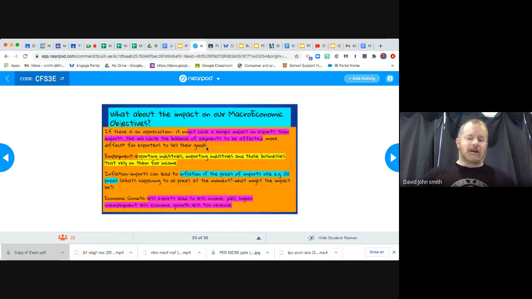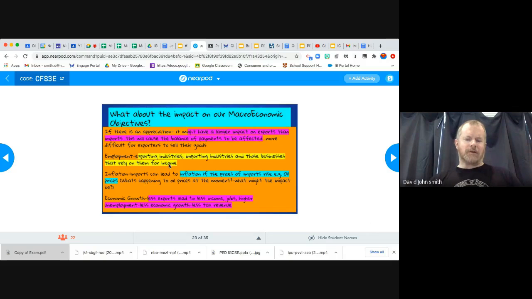We're going to lose revenue on our exports. Now, our exports minus imports, so X minus M, is what we classify as our balance of payments. So if we have less exports, maybe more imports, then our balance of payments is more likely to be negatively affected. We're going to have a look at what that means in another subunit very soon.